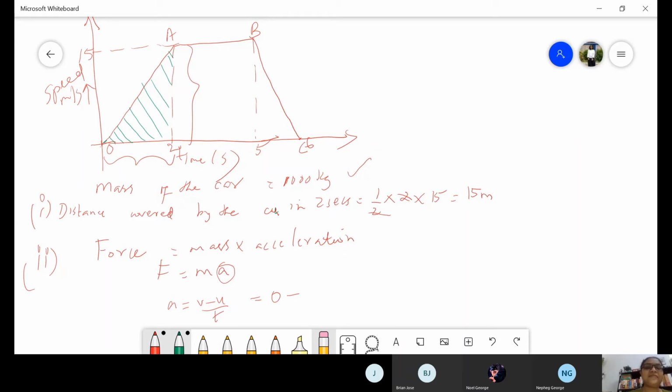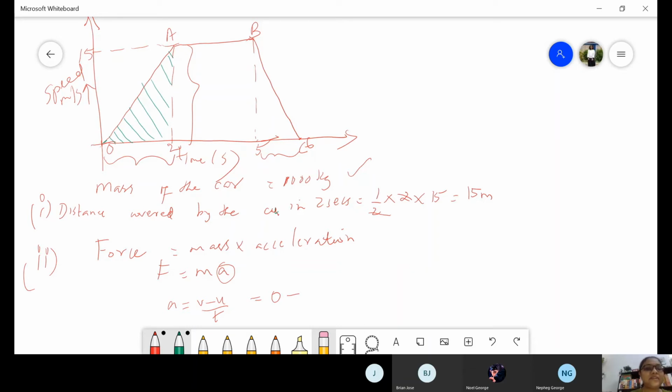See, after 5 seconds, the car is at B. You understand that? After 5 seconds, the car is at B. And the time taken by the car to stop, that is 1 second. It will come to rest only after 1 second. That means at the 6th second only the car comes to rest.